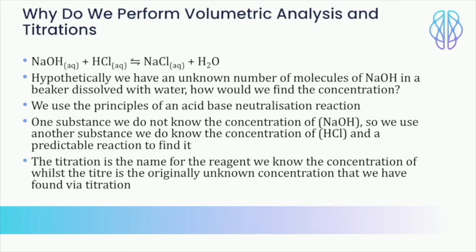What we will then do is add an exact amount of hydrochloric acid into the beaker of sodium hydroxide such that there is only sodium chloride and water remaining. So all the molecules of sodium hydroxide in that beaker have reacted with the hydrochloric acid that you've added. And you've added just enough, so there's no extra hydrochloric acid. There's only sodium chloride and water remaining.